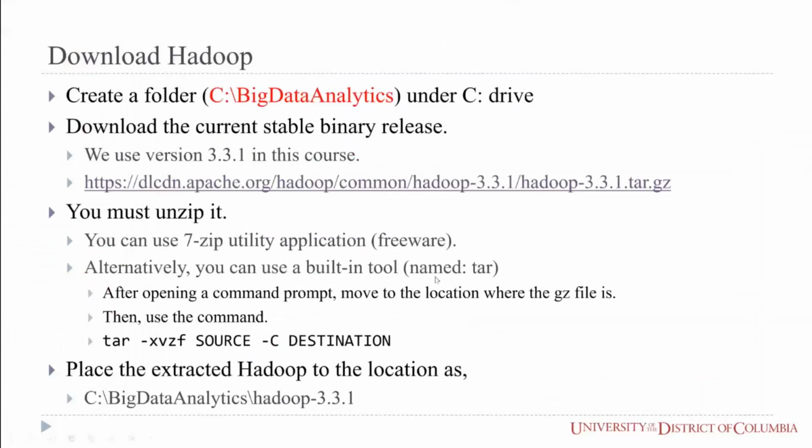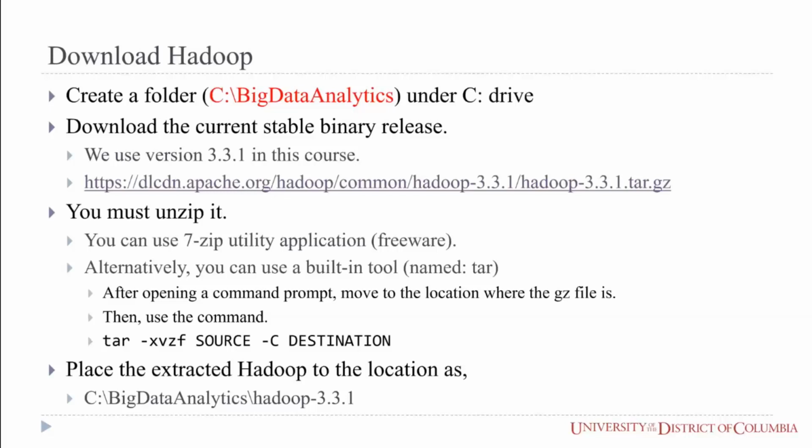You can use some freeware software, 7-zip is freeware, or if you don't want to install that, then you have to use the command prompt. The command prompt is already installed on Windows 10 or later versions, not the previous versions of Windows. If you're not familiar with the command prompt for uncompressing the compressed file, then you had better use 7-zip.